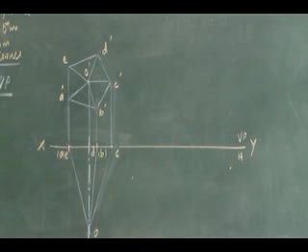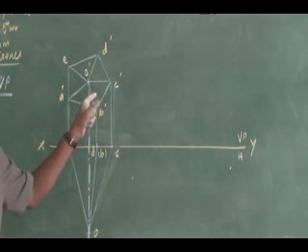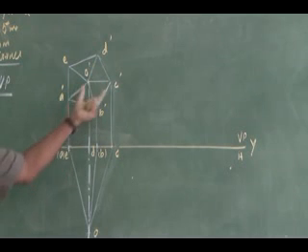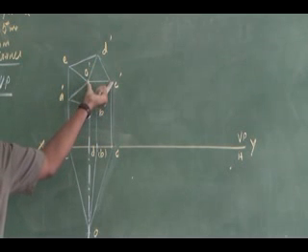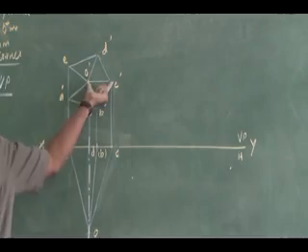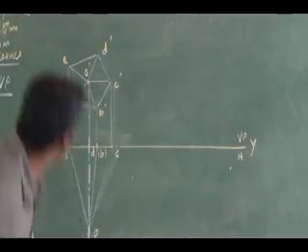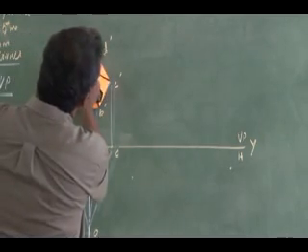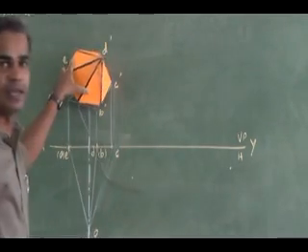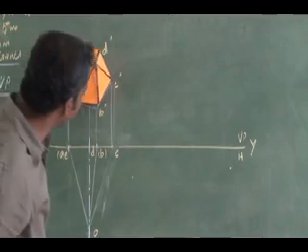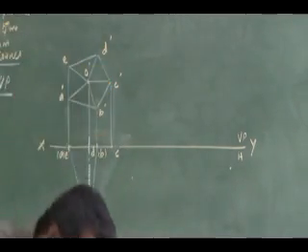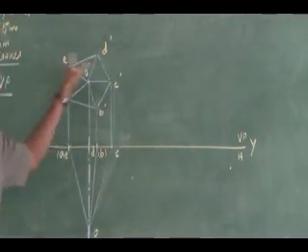Now you see which is the slant edge I am interested in here in this problem. The slant edge is CO. CO is the slant edge going to be perpendicular to VP. So CO is the slant edge I am looking at.